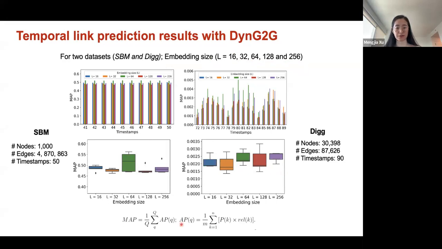This is a metric we use, mean average precision, and the x-axis shows the different embedding sizes. We can see for the large scale data sets, we can use only L equals 64 embedding size to get the highest mean average precision accuracy for temporal link prediction.